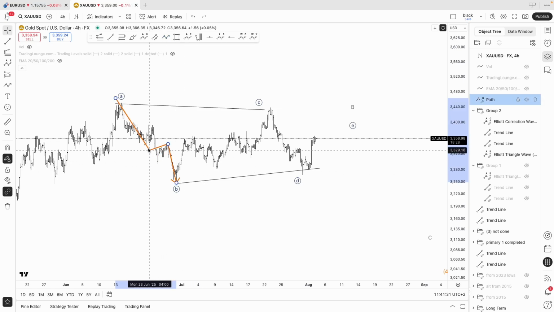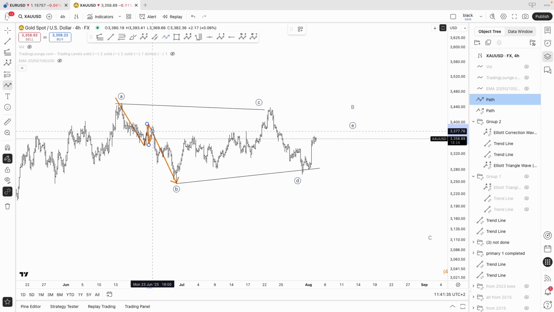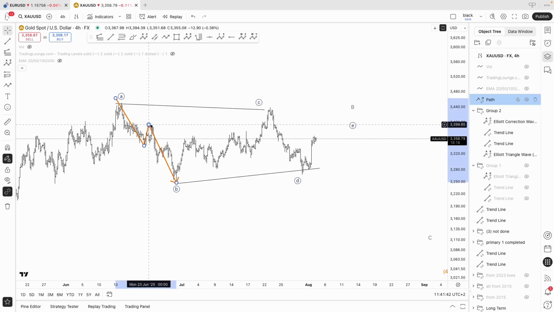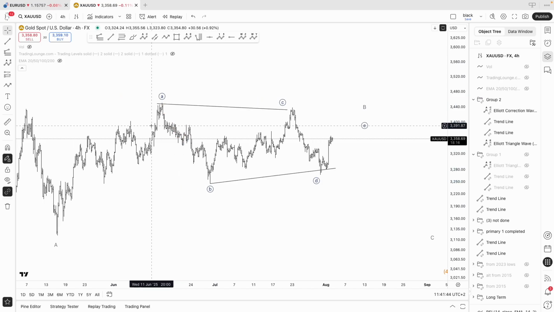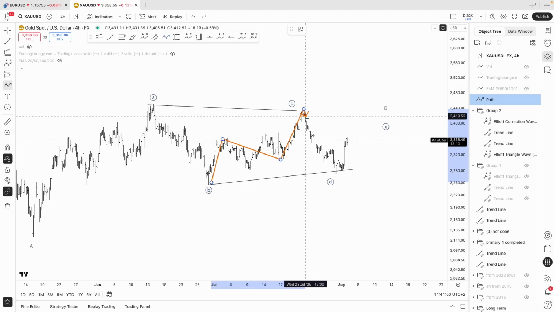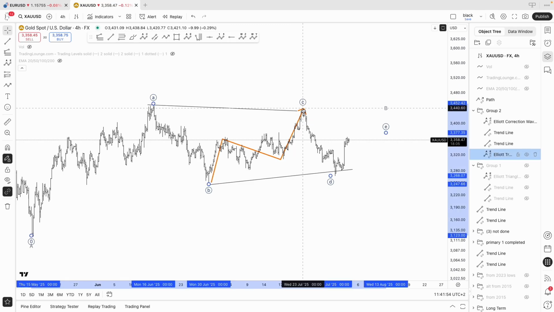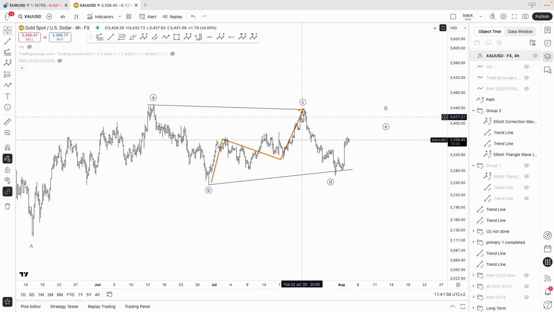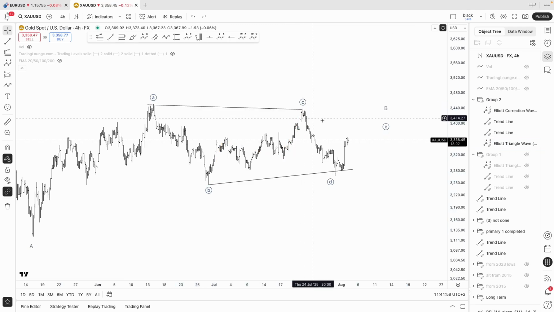Or you can also count this as A, and this is subdivision for wave C. So that is a little nugget which you get from knowing Elliott wave theory throughout and a bit of experience. A, B, C. Now I'm going to tell you everything, and I'm going to tell you nothing at the same time.